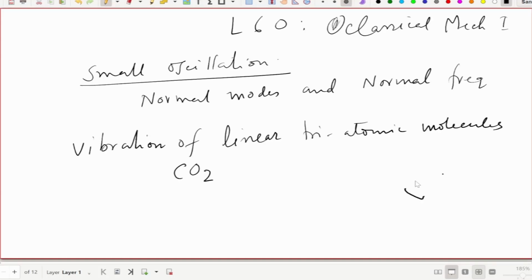Let me draw the system, taking the carbon atom at the center, connected to two oxygen atoms on both sides, and we will consider that they are with the same spring constant k.